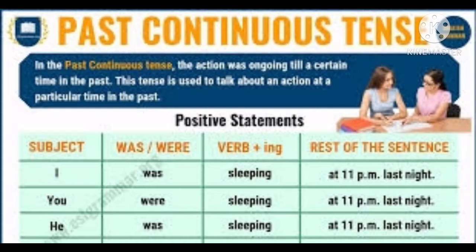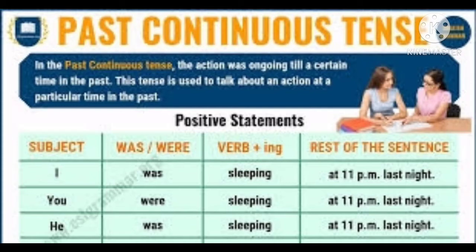The formula is subject plus was, were plus verb ing form and then the rest of the sentence. I was sleeping at 11 p.m. last night. That means the action was continuously going on in the past time.